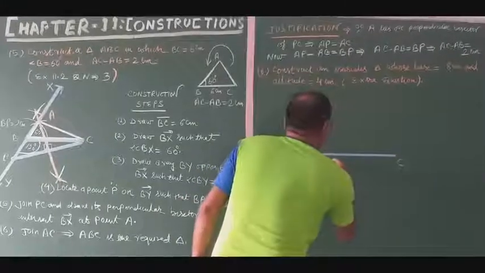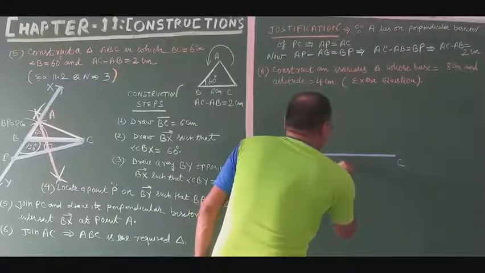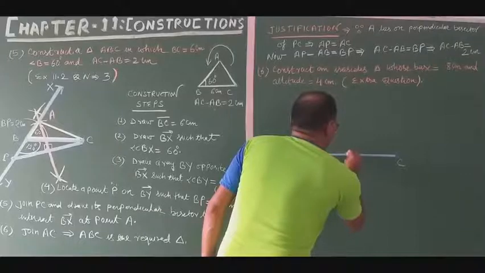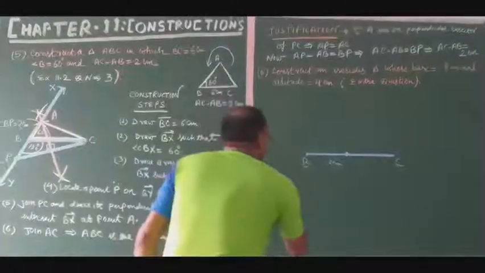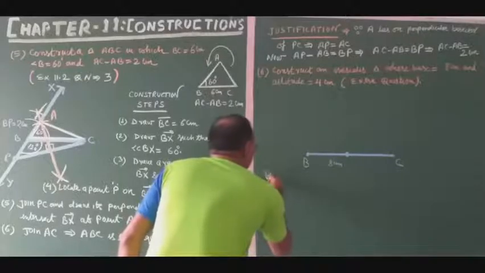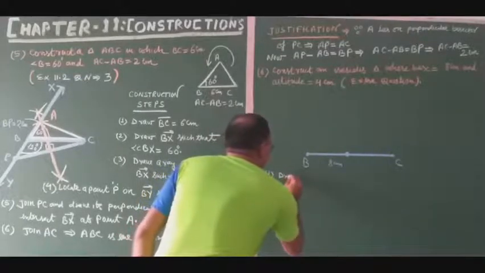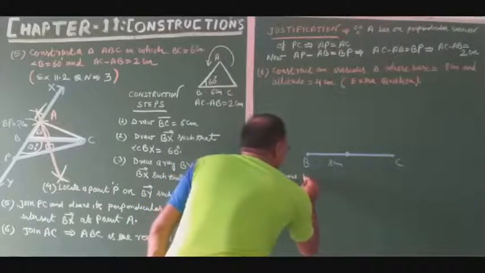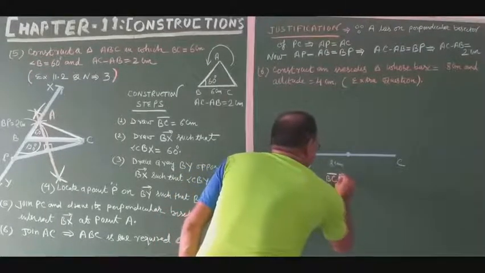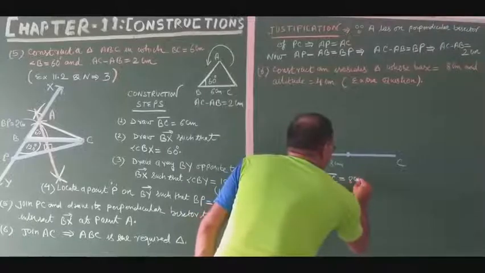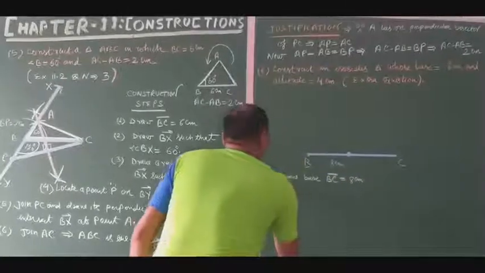How much? 8 centimeter. What is our step number 1? Draw the base, that is line segment BC is equal to how much? 8 centimeter.